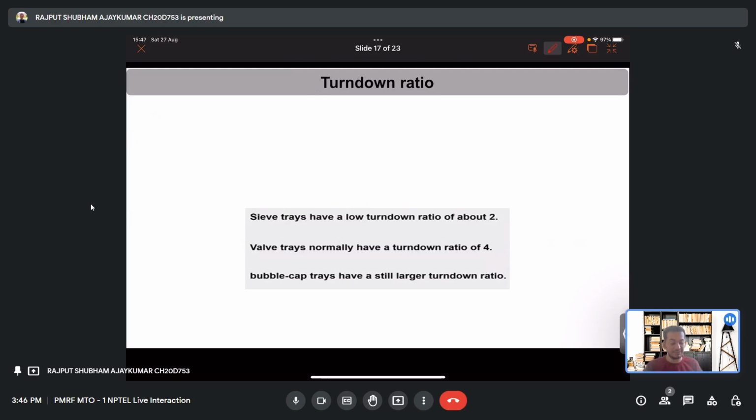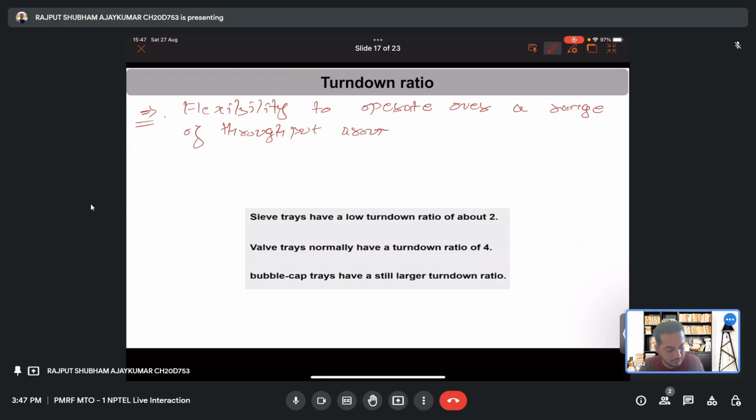So such flexibility is offered in terms of the turn down ratio: flexibility to operate over a range of throughput around the design capacity.